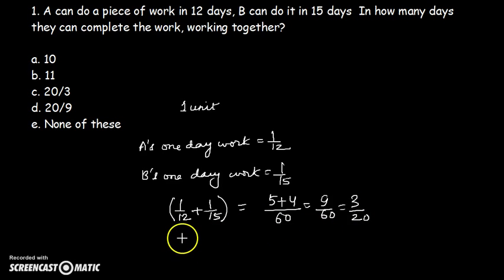So what you essentially are seeing is 3 upon 20th portion of the work is being completed in 1 day. Now to finish 1 unit of work, because we have assumed the number of units to be 1 unit, you will take 20 upon 3 days.